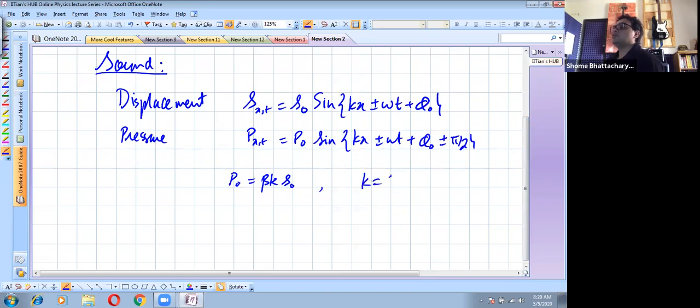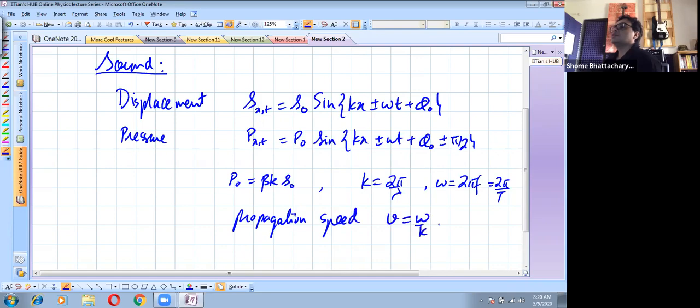K is equal to 2 pi by lambda. Omega is equal to 2 pi f, or 2 pi upon time period. And propagation speed v is equal to omega by K, or f lambda.